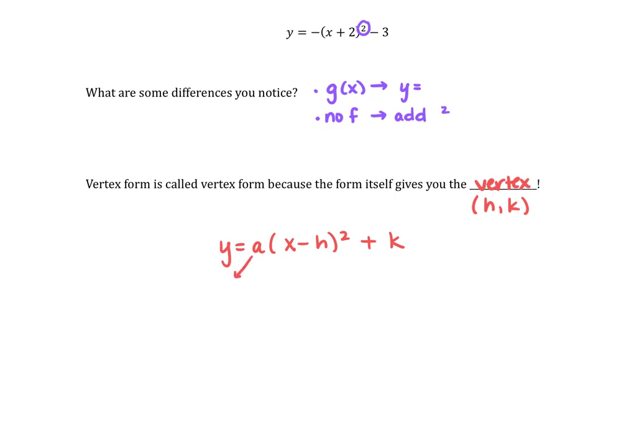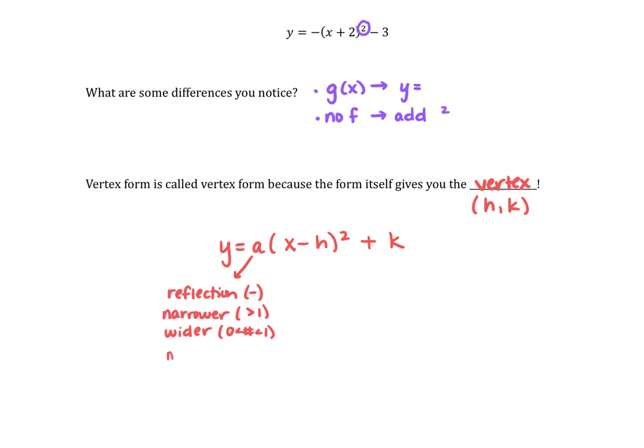That a value can tell me that it's a reflection, and that is if the a value is negative. It can also tell me if my parabola is narrower or wider. Remember, it is narrower if that a value is greater than 1, and it's wider if the number is between 0 and 1. That a value can also tell me if I'm dealing with a min or a max.